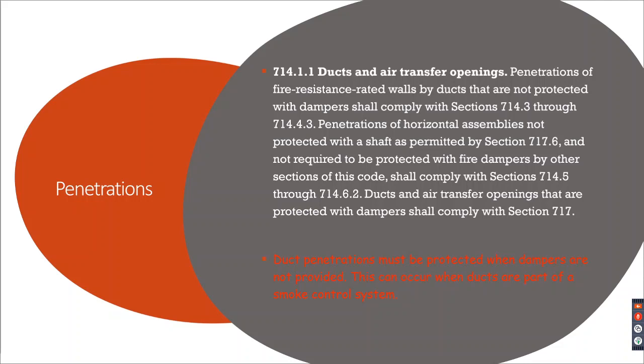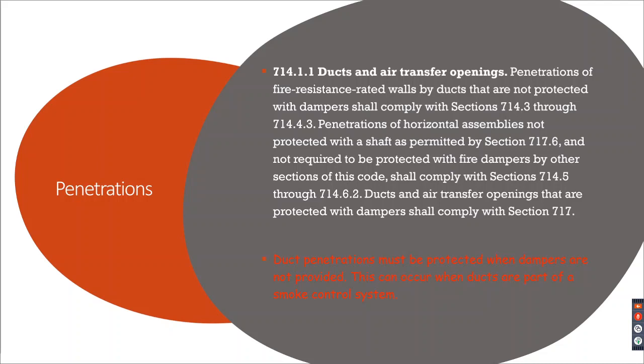Ducts and air transfer openings that are protected with dampers shall comply with 717. So this section just basically leads you to the other sections that are applicable when you're talking about ducts. Where you're more often going to go is 717 because they're going to be protected with dampers and then shafts.